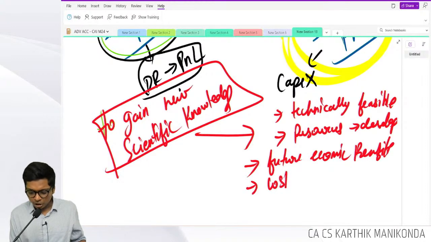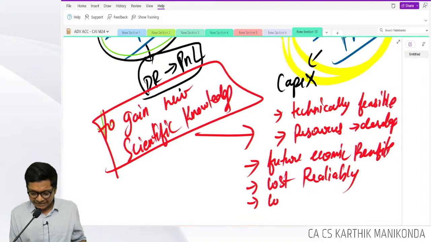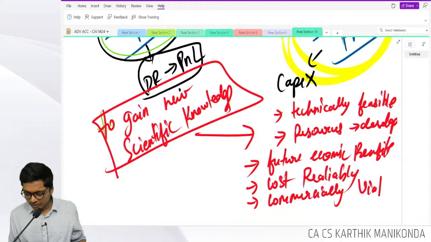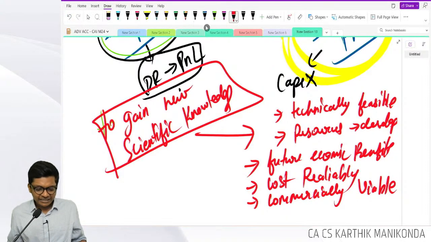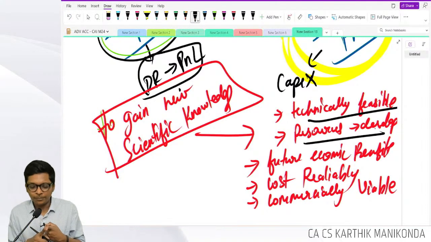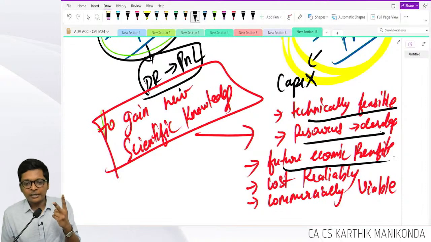Can I measure the cost reliably? Yes. Cost can be measured reliably. Is it commercially viable? Commercially viable means, sir, with the available technical resources I developed, there are future economic benefits.